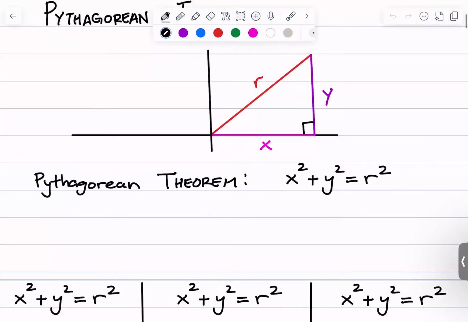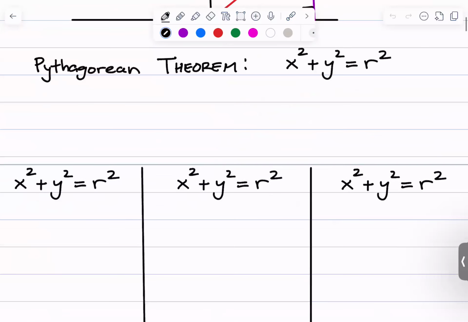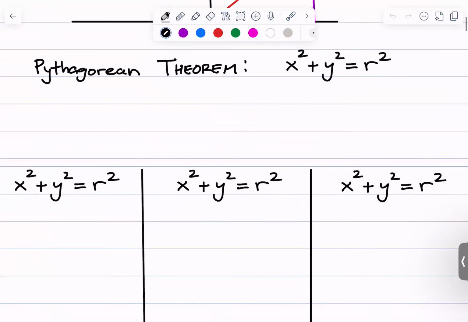We get our Pythagorean identities by dividing by r squared, x squared, and y squared. The first one I'm going to divide by r squared. The next one I'm going to divide by x squared. And the last one I'm going to divide by y squared.